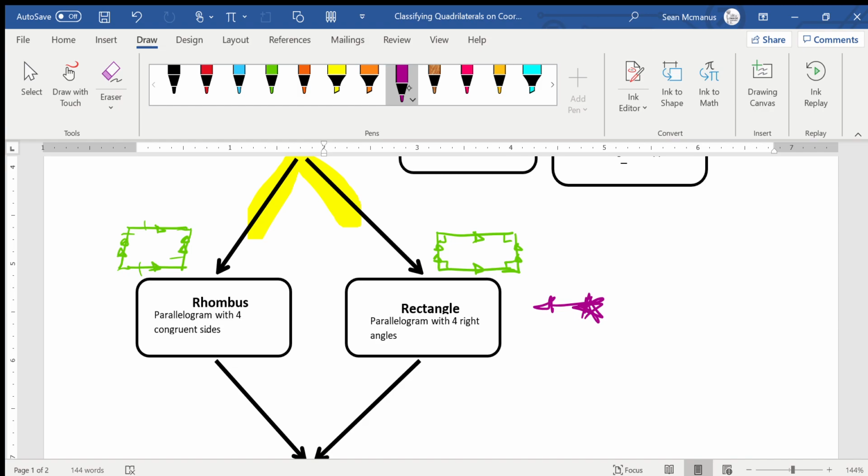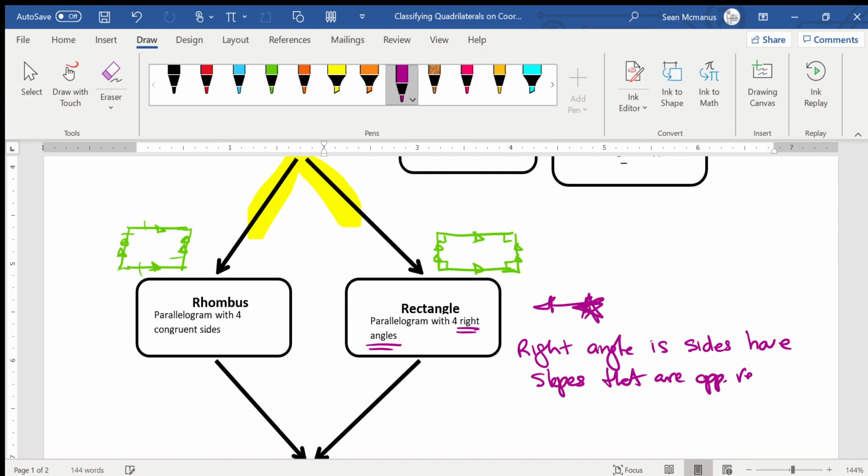So how do I know if something is a right angle? I know there's a right angle if the sides have slopes that are opposite reciprocals.